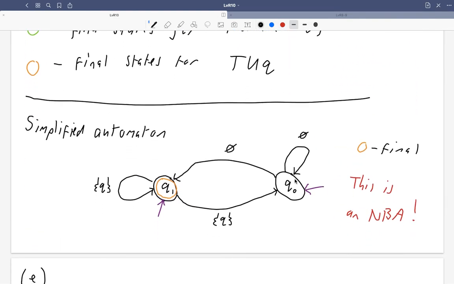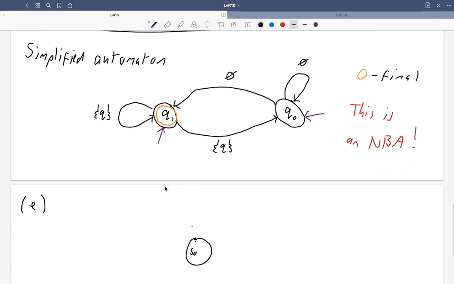Q0 is the only state associated with the empty set, and Q1 is associated with singleton Q.